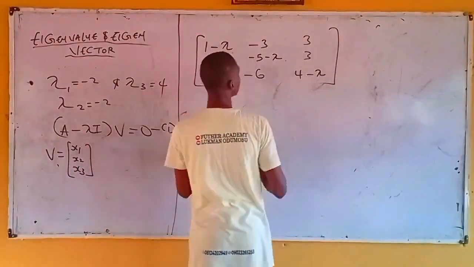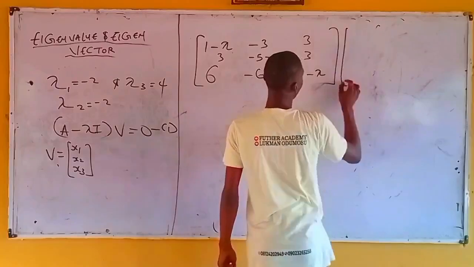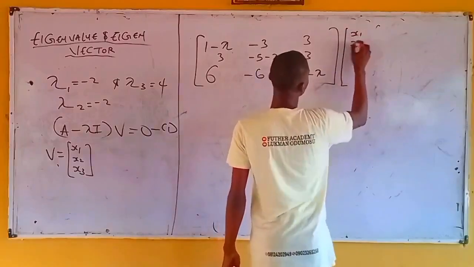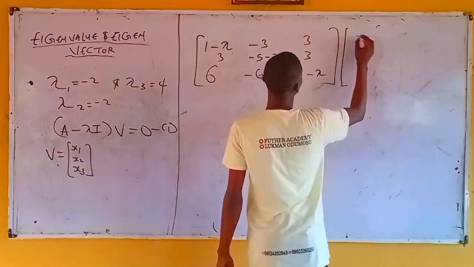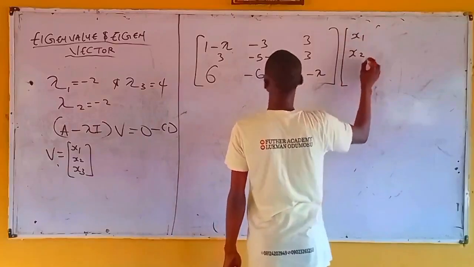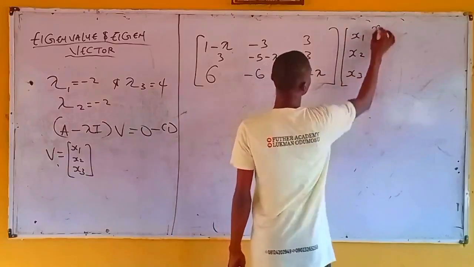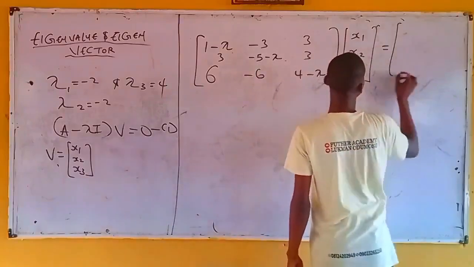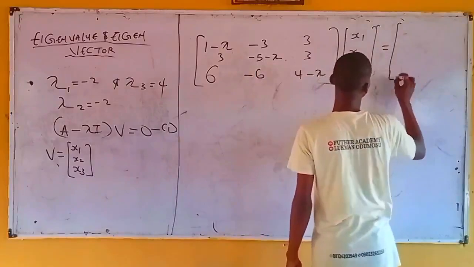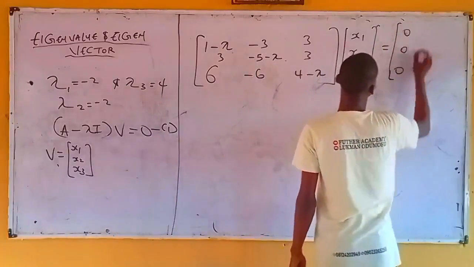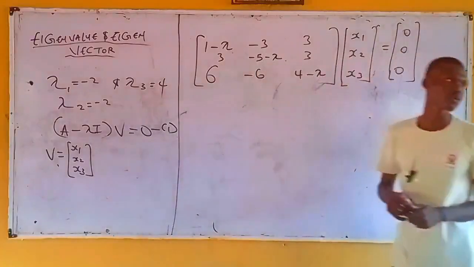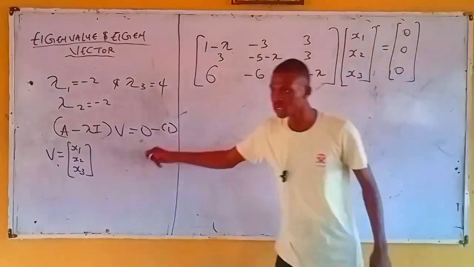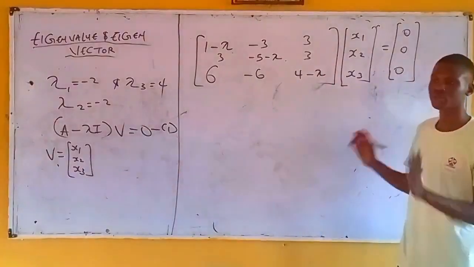So in place of V, I have x1, x2, and what? x3. Equate that to 0, meaning a column matrix of 0, 0, 0. Any questions so far? Right. Equation 1, this is still it. That's what we are doing.